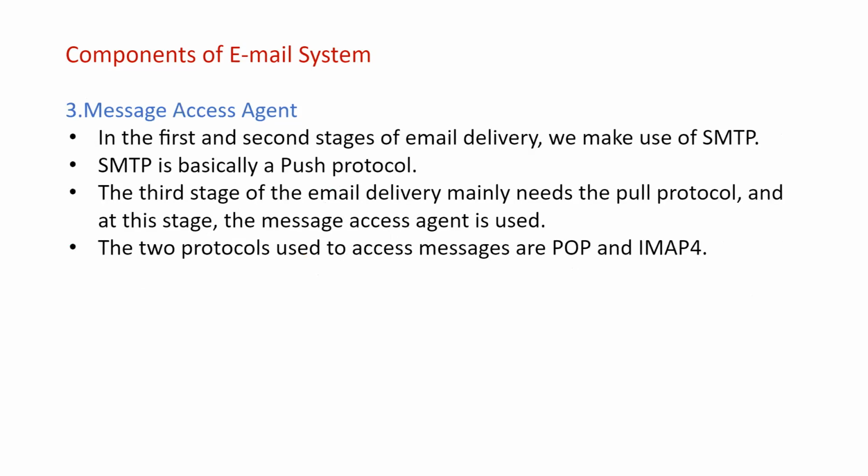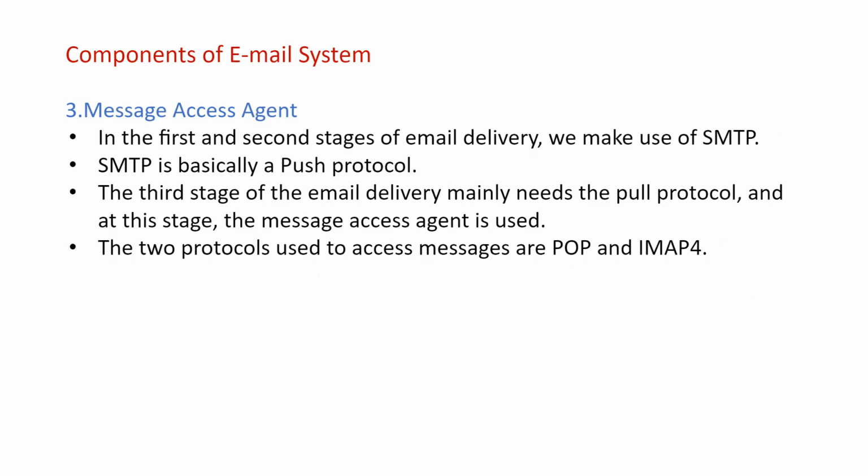And the message access agent: the first and second stages of email delivery use SMTP. SMTP is basically a push protocol. The third stage of the email delivery needs a pull protocol. So till now, the pushing of the message is done. Now it's time for a pull protocol to get the data, and at this stage the message access agent is used.